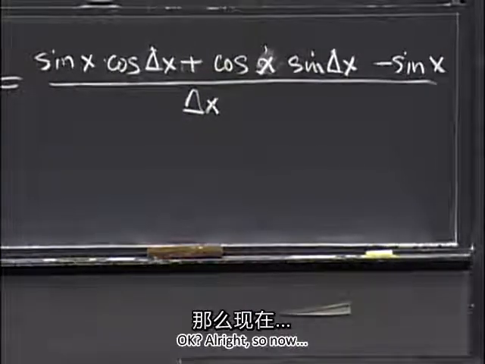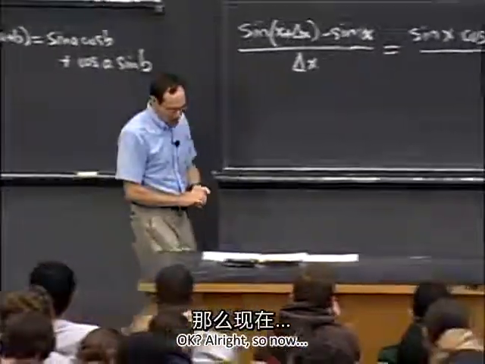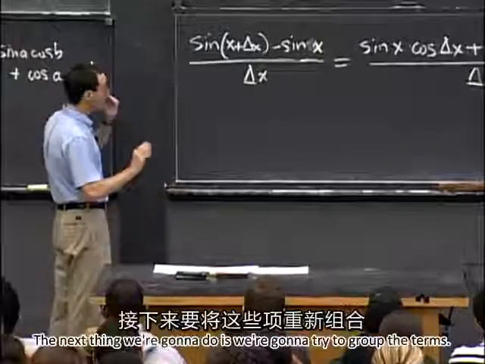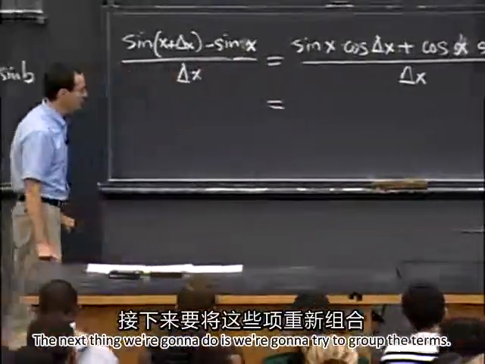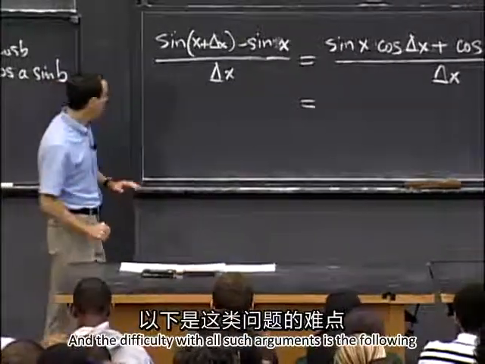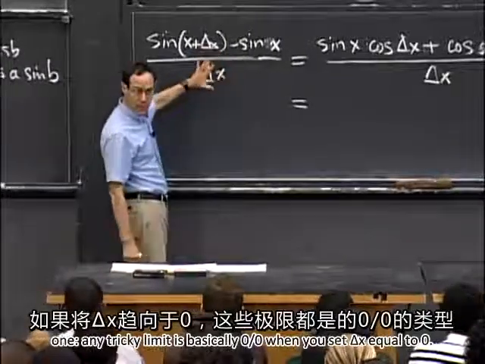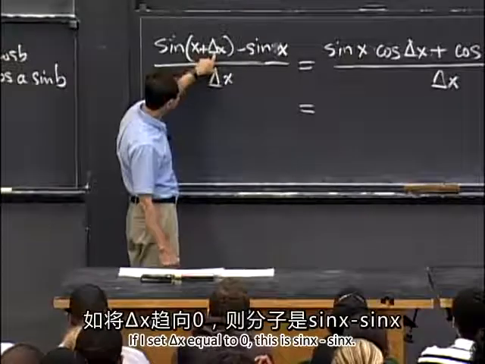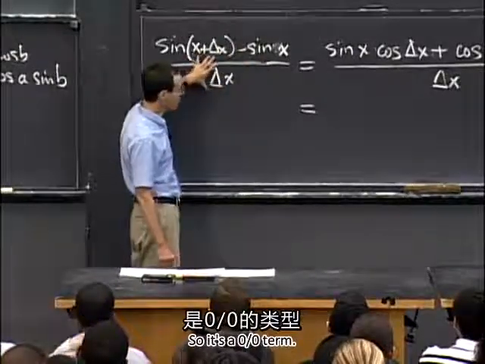All right, so now, the next thing we're going to do is we're going to try to group the terms. And the difficulty with all such arguments is the following one. Any tricky limit is basically 0 over 0 when you set delta x equal to 0. If I set delta x equal to 0, this is sine x minus sine x, so it's a 0 over 0 term.